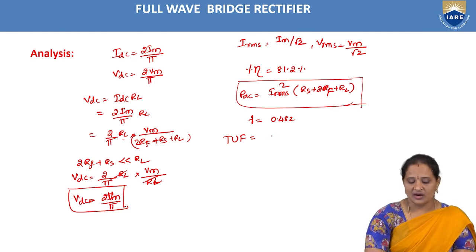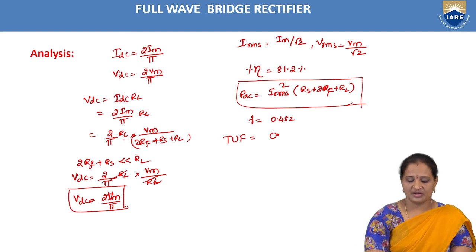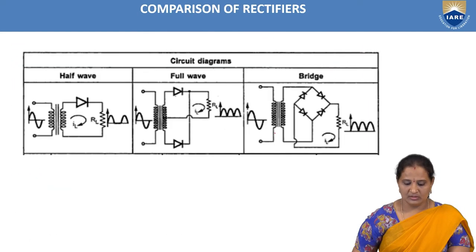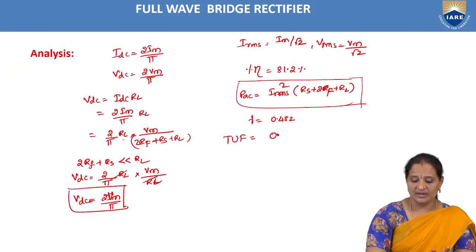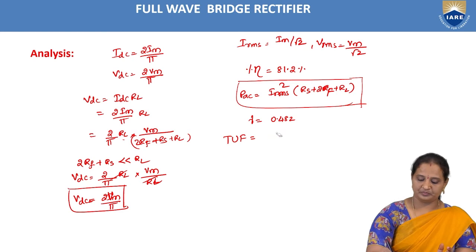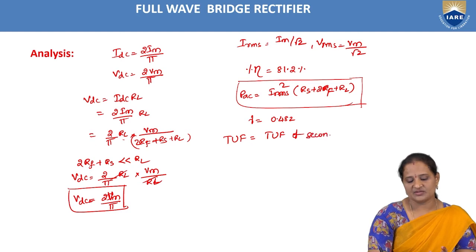So the transformer utilization factor equals the transformer utilization factor of the secondary winding.